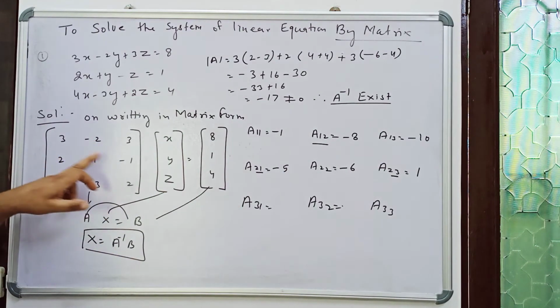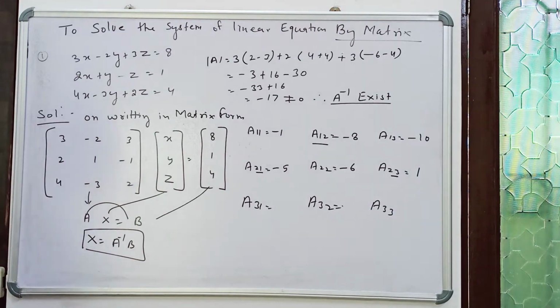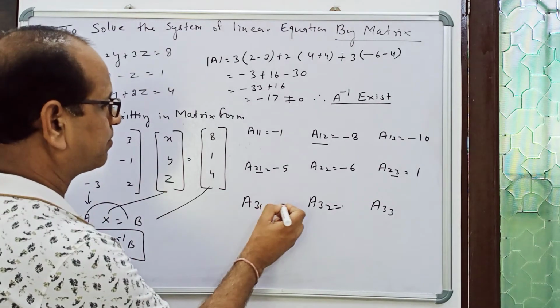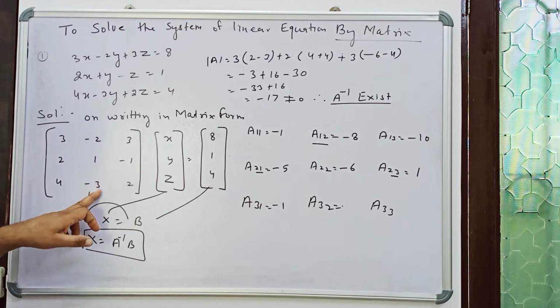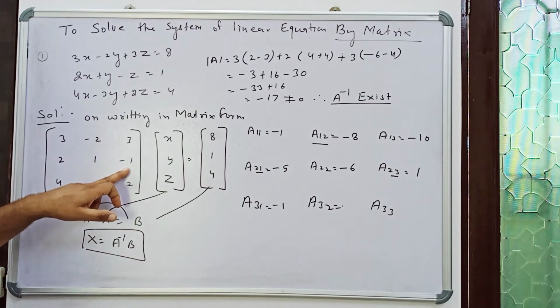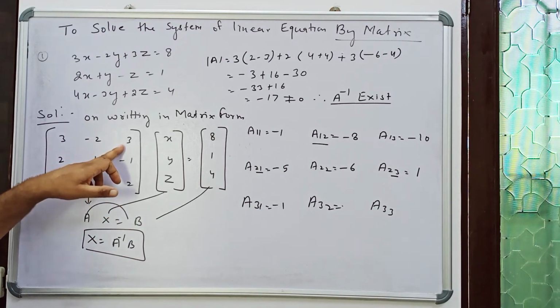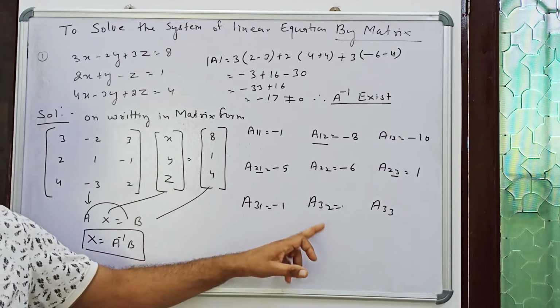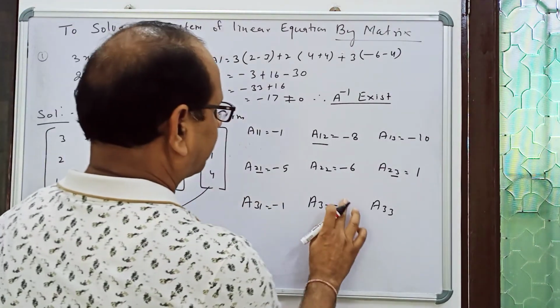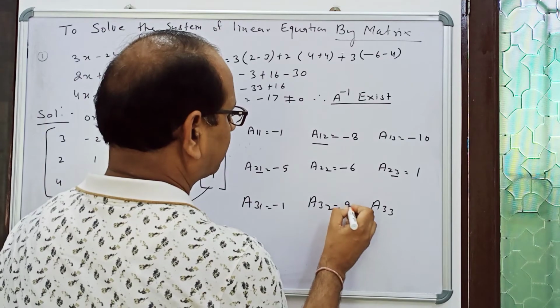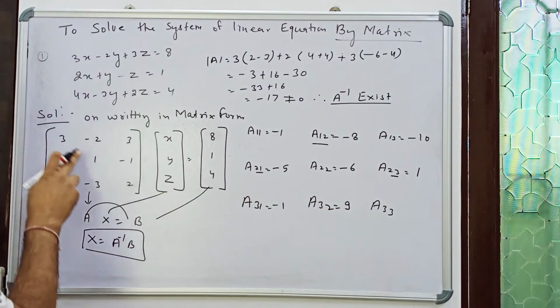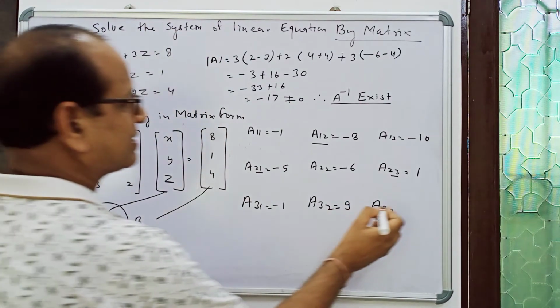It is 2 minus 3, minus 1. So the answer is minus 1. This one is minus 3 and minus 6, minus 9. But you know this element position is odd, so it will be plus 9. And the last is 3 plus 4, 7.